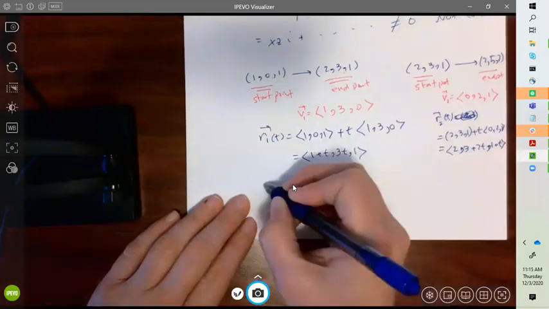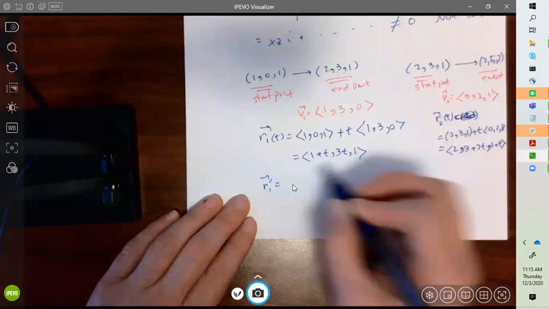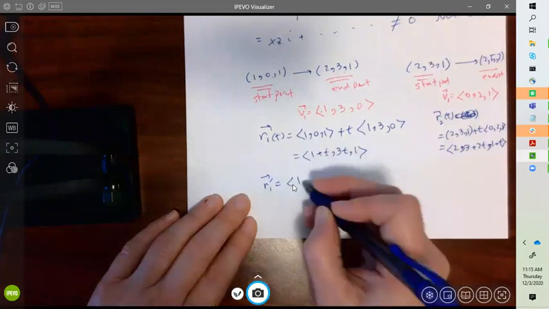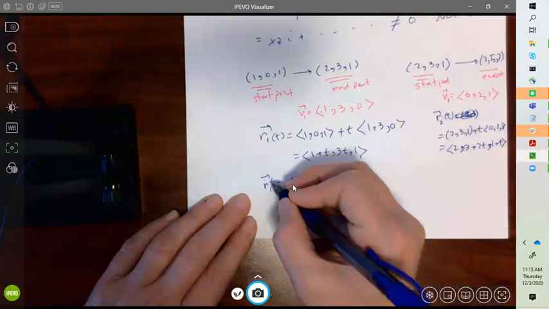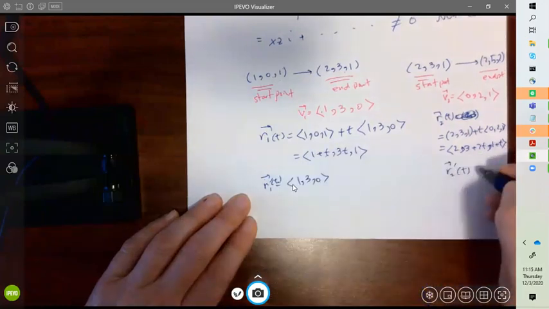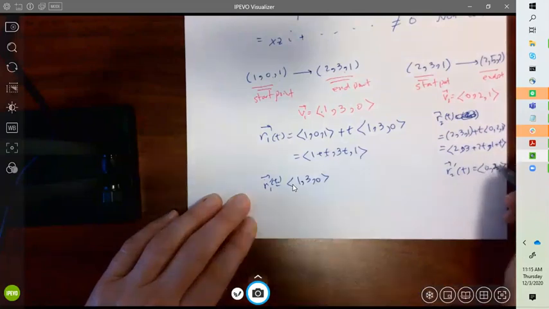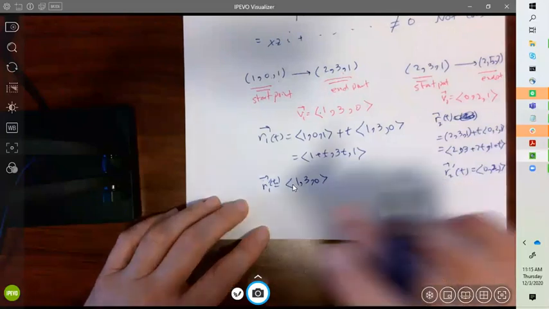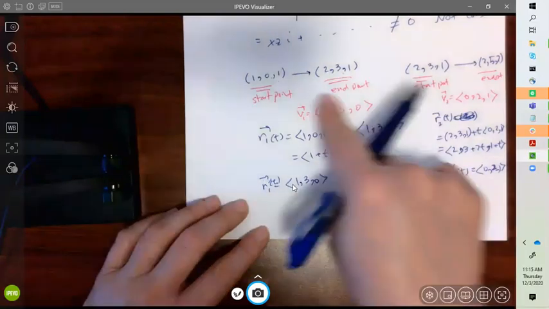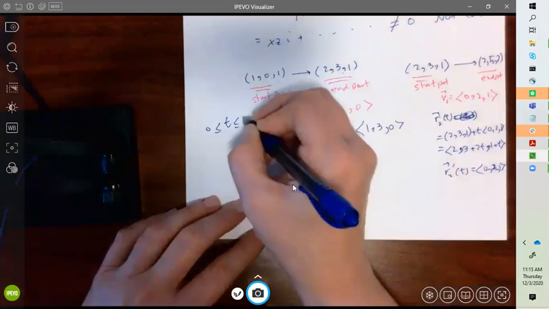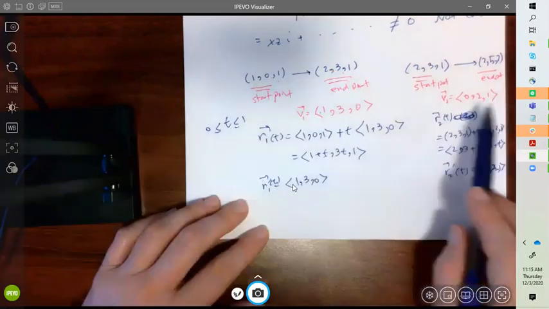Meanwhile, find R1 prime, which is going to be basically V, and R2 prime, which again is going to be that V. For lines, it's going to be that V, basically. Now, the beauty of this parameterization is that t is between 0 and 1, starting at 0 and ending at 1.